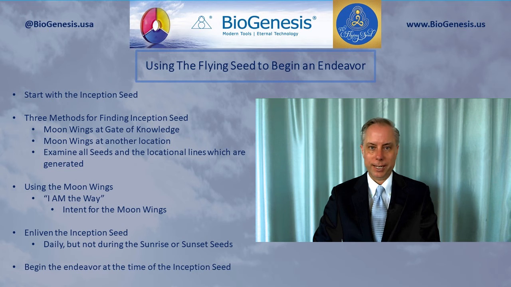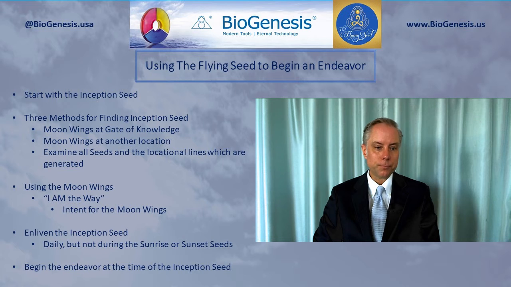I am the way. And you let fly the moonwings. You do this 4 times and it gives you a seed. So for this project, how to prepare, enliven, support for an endeavor, this will give you the inception seed for that project, for that endeavor or business.